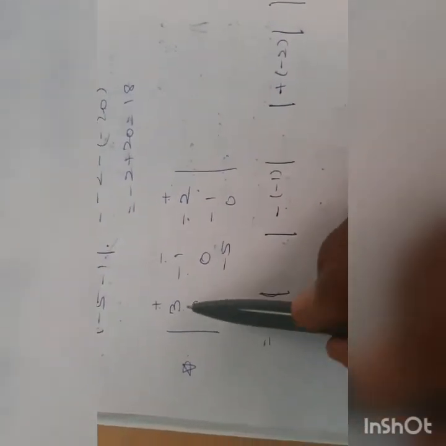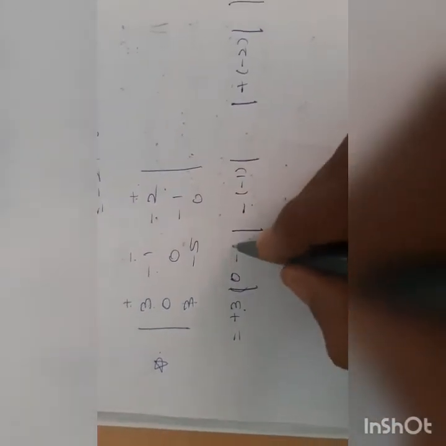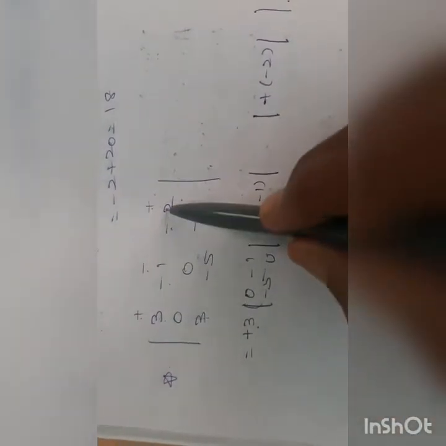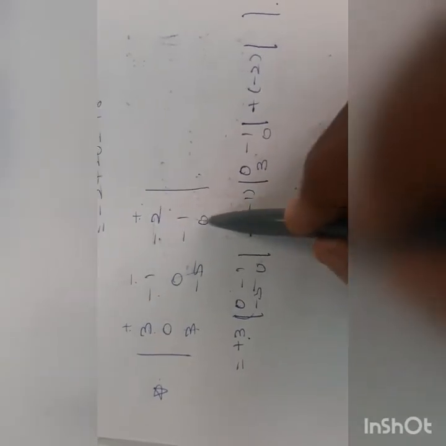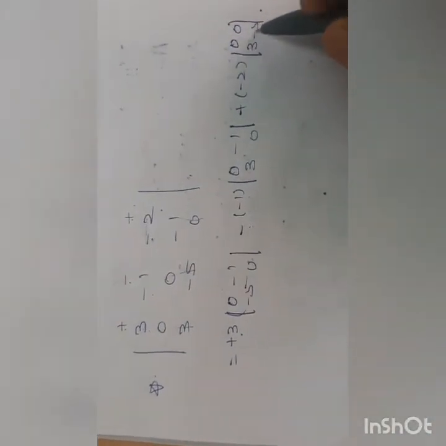How to find the minor of 3? Deleting the row and column, we are getting 0 minus 1 minus 5 0. Now find the minor of minus 1. Deleting the row and column, we are getting 0 minus 1 3 0. Now what is the minor of minus 2? It is 0 0 3 minus 5.